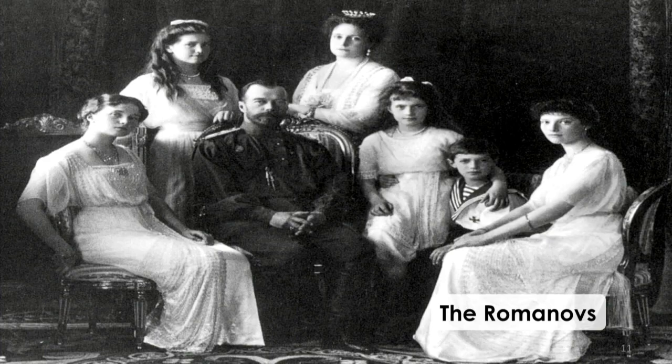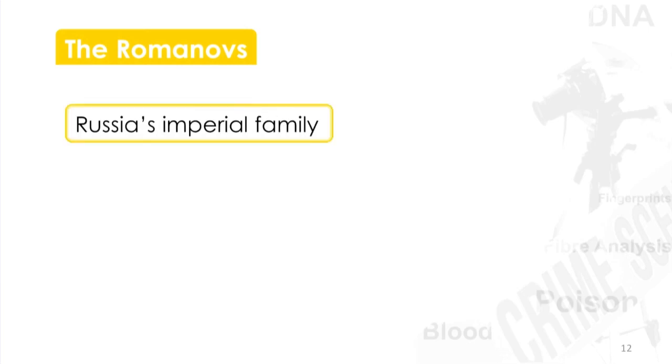So, here's an example of the use of mitochondrial DNA for samples from which it's not possible to get nuclear DNA. And this is the case of the Romanovs, the imperial family of Russia.